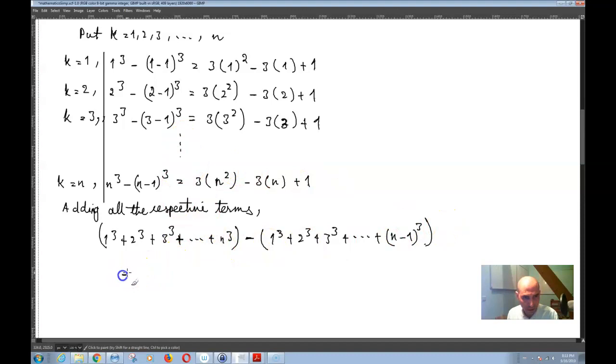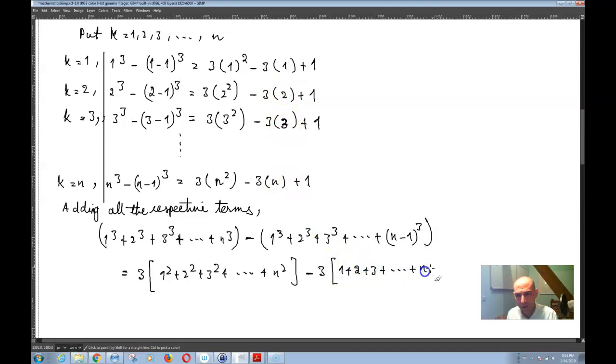So I can write this as 3 times (1 squared plus 2 squared plus 3 squared plus all the way up to n squared) minus 3 times (1 plus 2 plus 3 plus all the way up to n), plus (1 plus 1 plus 1 plus all the way up to n terms), right?